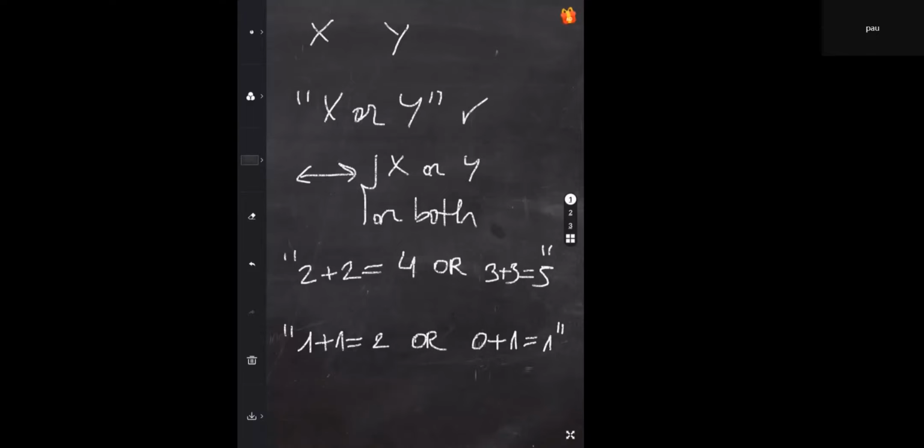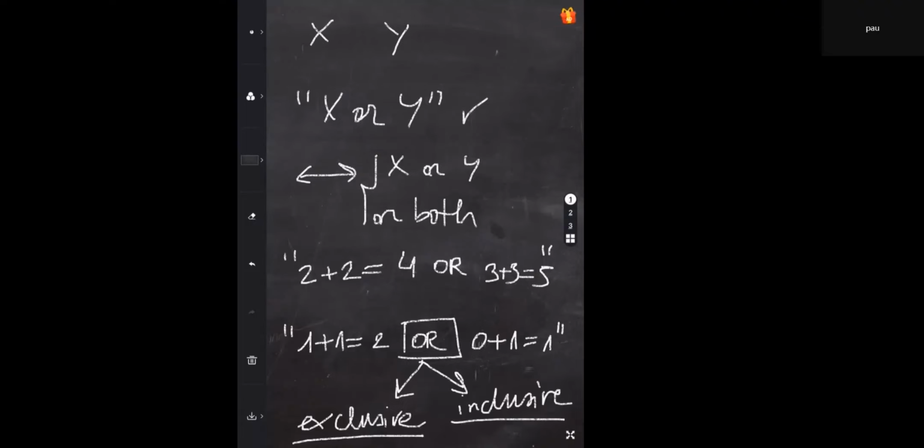the point is that this word in mathematical logic could be two things. It could be exclusive, and this is what drove me mad for about 1 day, or inclusive. Now, do you understand the meaning of the words exclusive and inclusive?